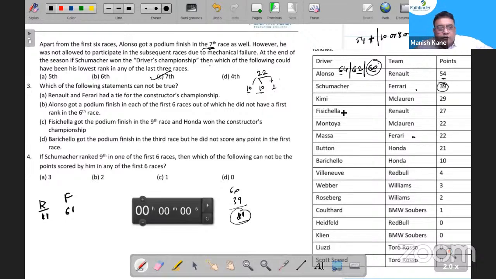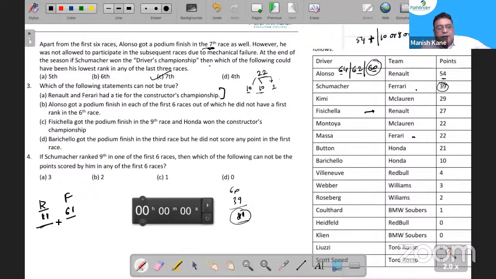So Fisichella had a podium finish. When did he have a podium finish? So Renault and Ferrari had a tie for constructors. So basically when will a tie happen? When they get the same rank? When they get the same tally? Can they get the same tally? There are 3 matches remaining.